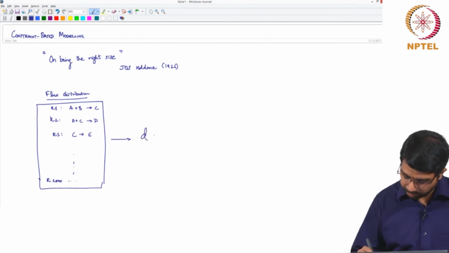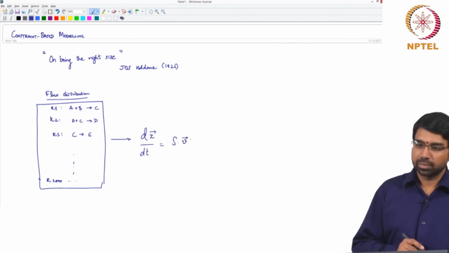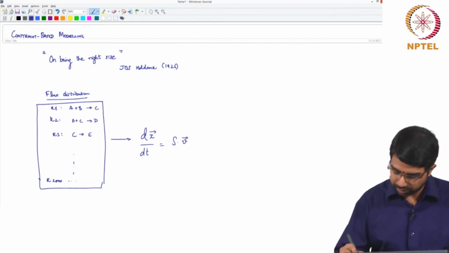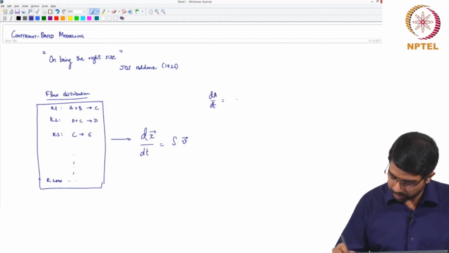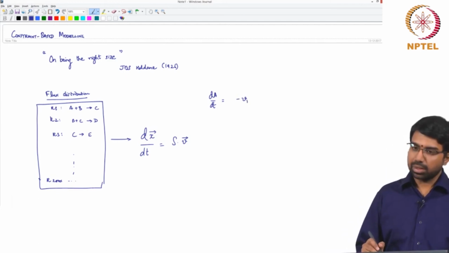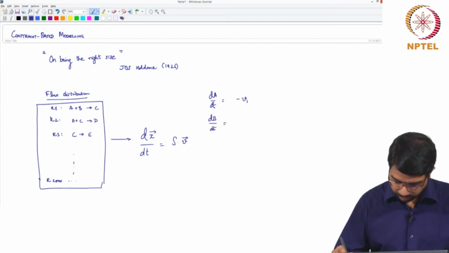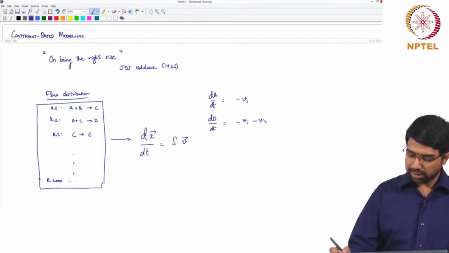which can also be written in the form, right. You remember we did this on how we write out each flux. So you would say that dA by dt is going to be minus V1, and dB by dt would be minus V1 minus V2, right, something of that sort.